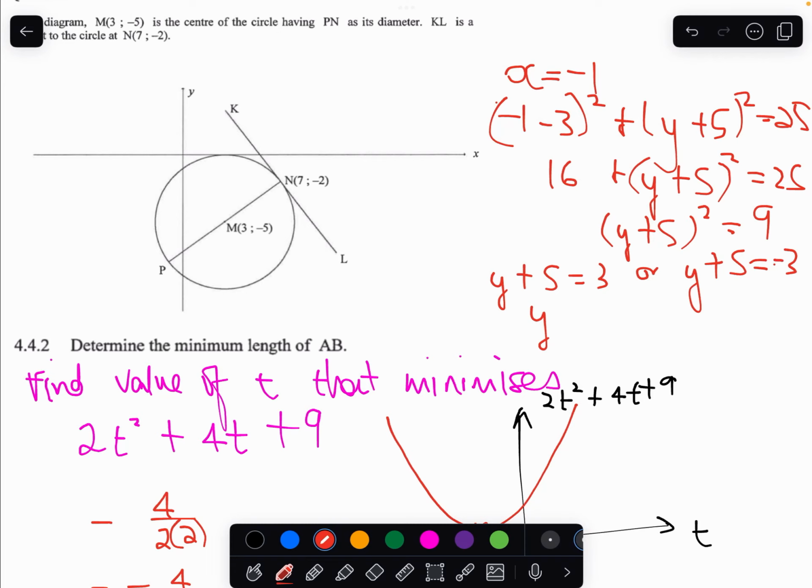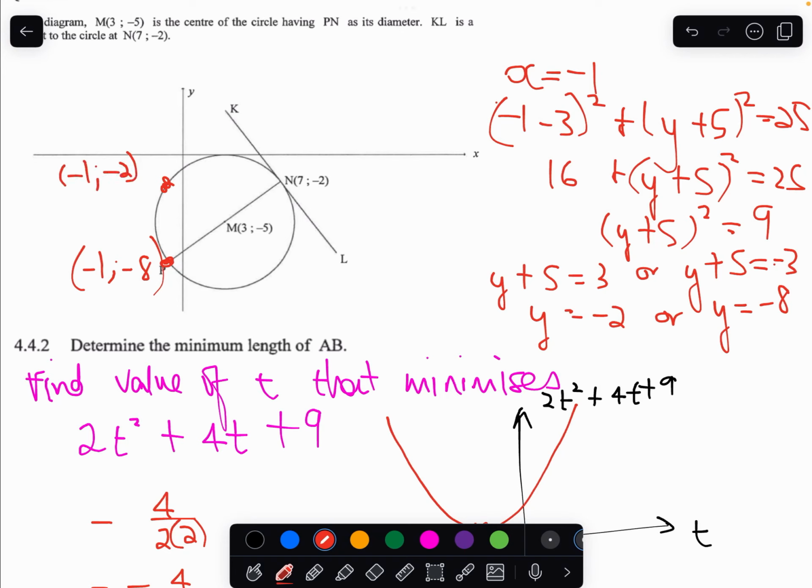Okay, so we have x. Oh, we actually know one of these. We know p is minus 1 and minus 8. Oh, this is so loud. And the other one is actually in line with the n, is minus 1 and minus 2.